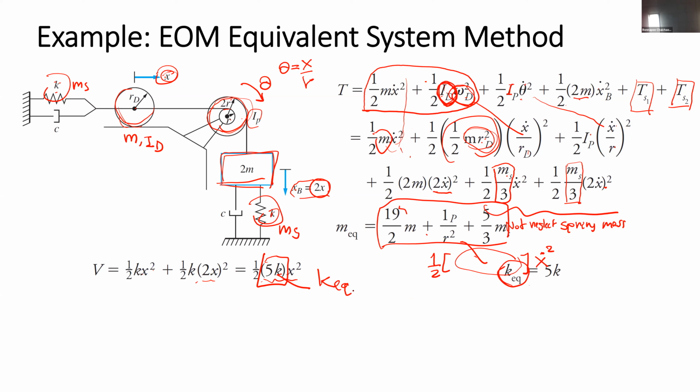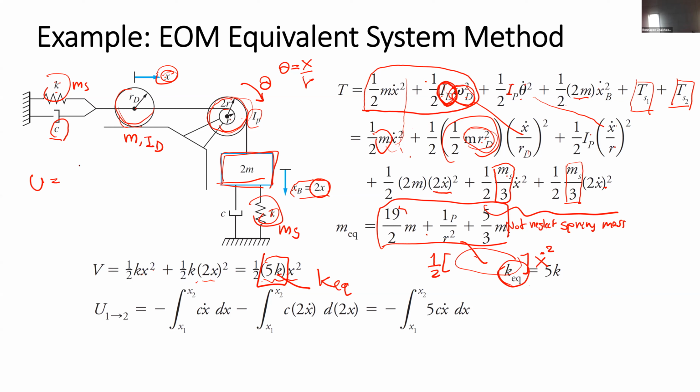To obtain the equivalent damping coefficient, we do the integral of the non-conservative force, or the damping force. The damping force is minus cx dot, so U is equal to the integral of minus cx dot dx from x1 to x2 for any damper.